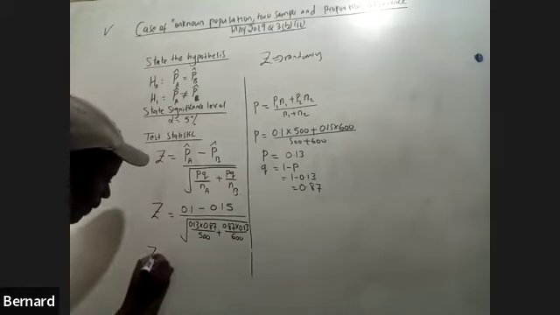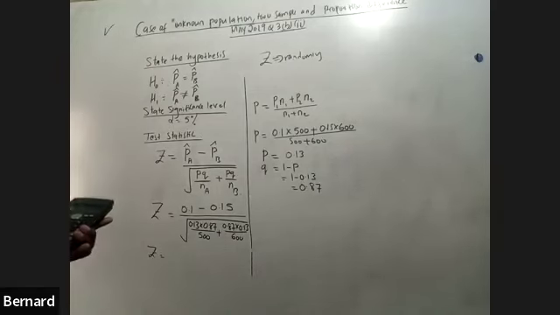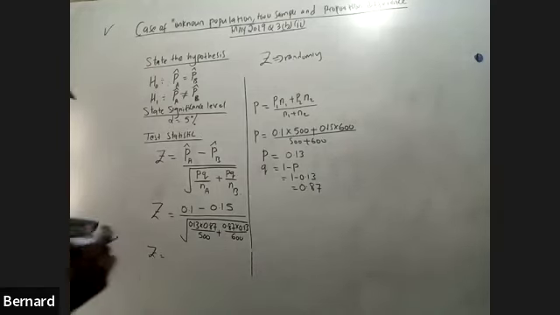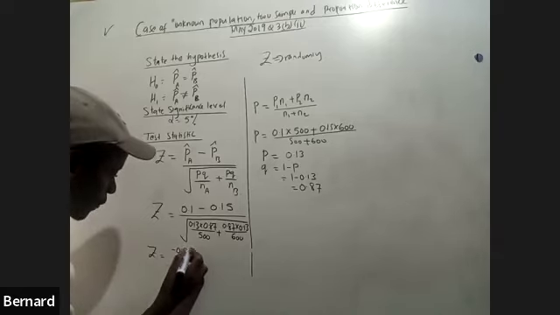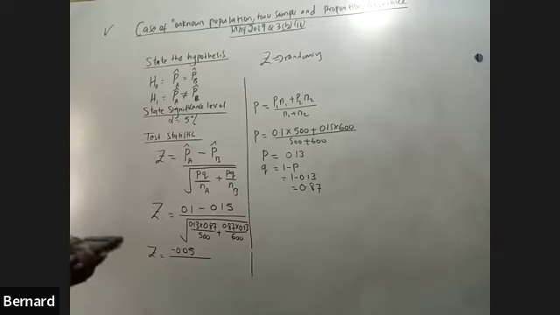We find the Z. So 0.1 minus 0.15, minus 0.05, over the square root of 0.13 times 0.87 divided by 500 plus 0.87 times 0.13 divided by 600.